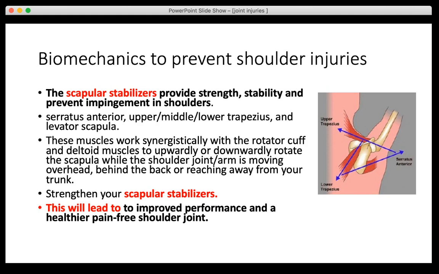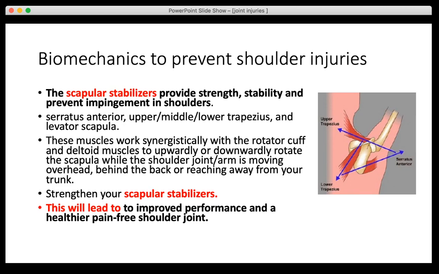So usually you work on shoulders, on deltoids or other muscles in your shoulder, but most of the time the scapular stabilizers are left untrained. If you focus on these scapular stabilizers, they are the muscles which will provide strength and stability to your shoulders.